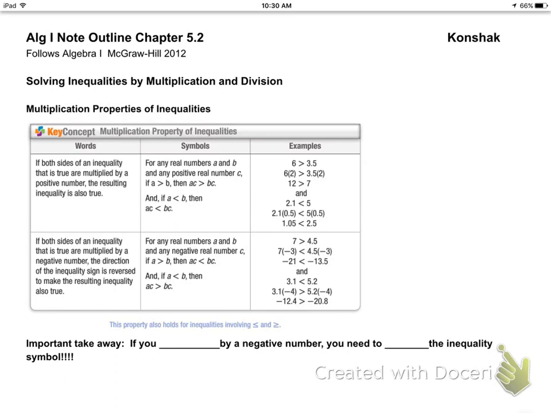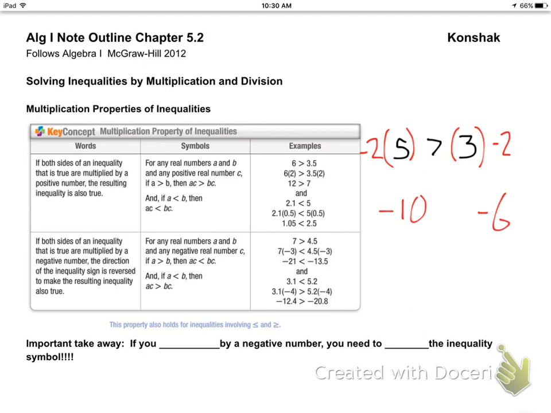So, an example: if you had 5 and we say 5 is bigger than 3, I think everybody would have to agree with that. If I come through and multiply both sides by, say, negative 2 now, negative 2 times 5 is negative 10, and 3 times negative 2 is negative 6.